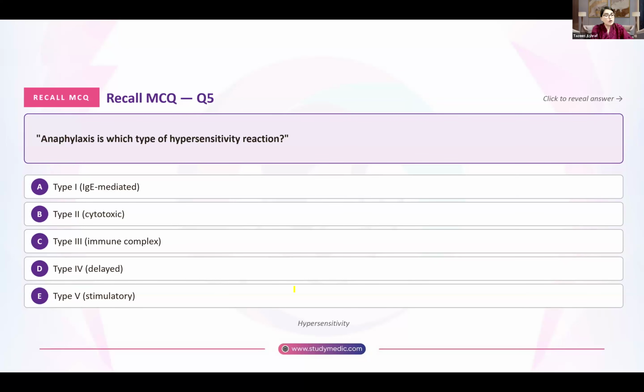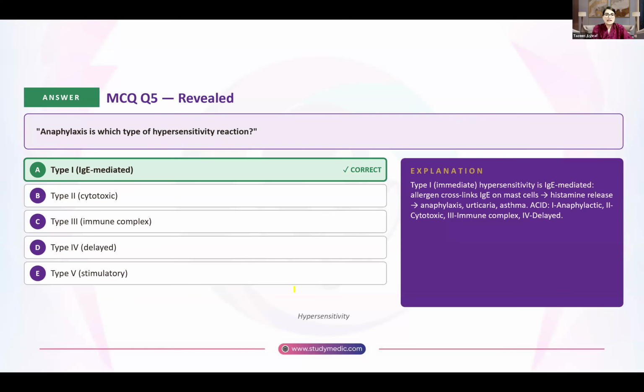Type 2 is cytotoxic. Type 3 is immune complex mediated. Type 4 is a delayed hypersensitivity reaction. Type 5 is stimulatory. So anaphylaxis is type 1, an immediate hypersensitivity reaction.